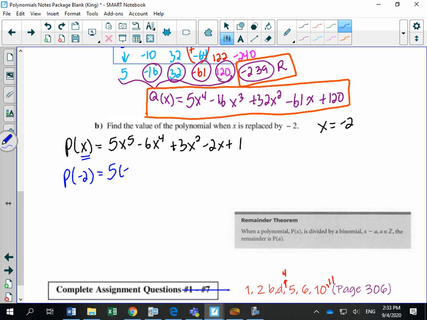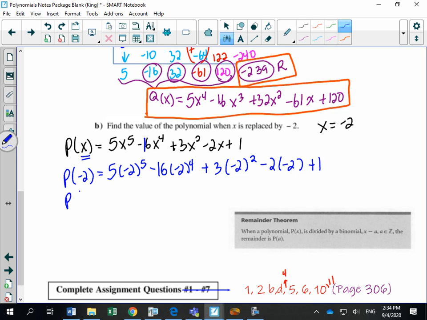So that would be 5 times -2 to the power of 5, minus 6 times -2 to the 4, plus 3 times -2 squared, minus 2 times -2, plus 1.